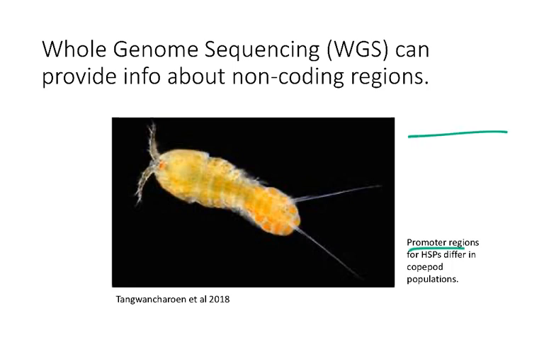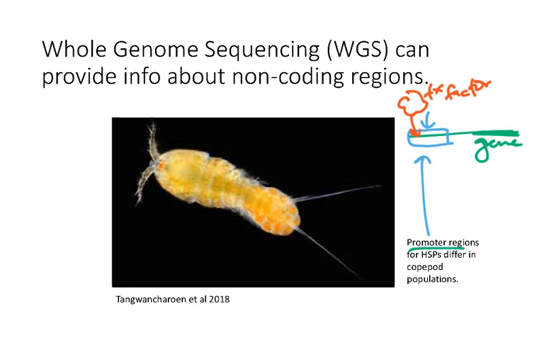So just as a quick refresher, if you have a gene here, you also have a promoter region before the gene, and you have things like transcription factors that have to bind to that promoter region to allow that gene to be expressed.